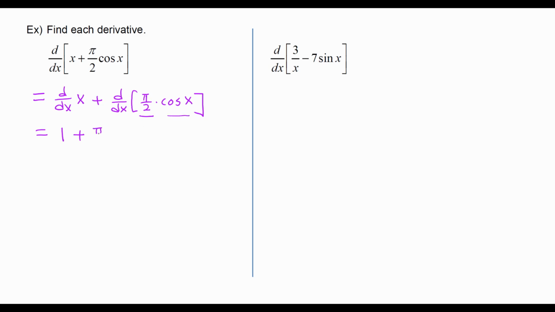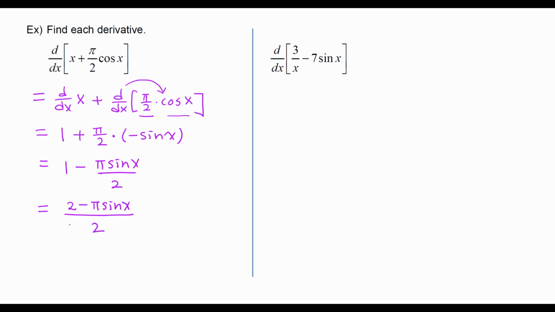We leave the scalar multiple in the front, and now just take the derivative of cosine x. And the derivative of cosine x, as we just learned, is negative sine x. So our answer will be 1 minus pi sine x over 2. And if we would like to make a single expression, that will be 2 minus pi sine x over 2.